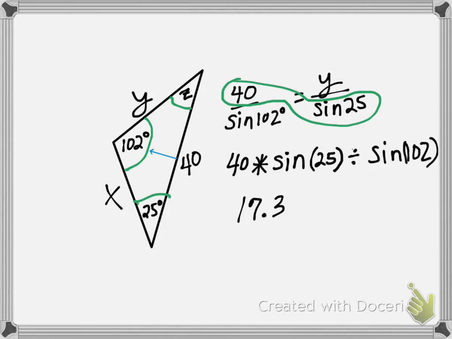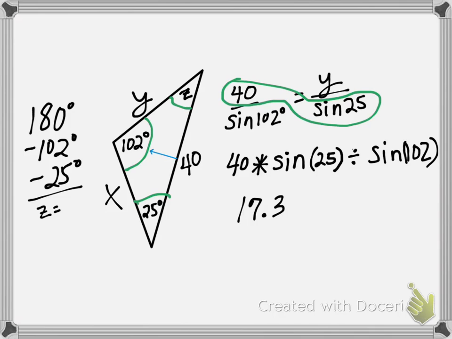So with a quick subtraction problem, 180 degrees minus 102 minus 25, that actually gives us a 53-degree angle. So we know that z is equal to 53 degrees. And we can now set up another one to find the length of x if we want to on this particular triangle. So I'll let you do that as a challenge problem. In the meantime, let's look at another one.